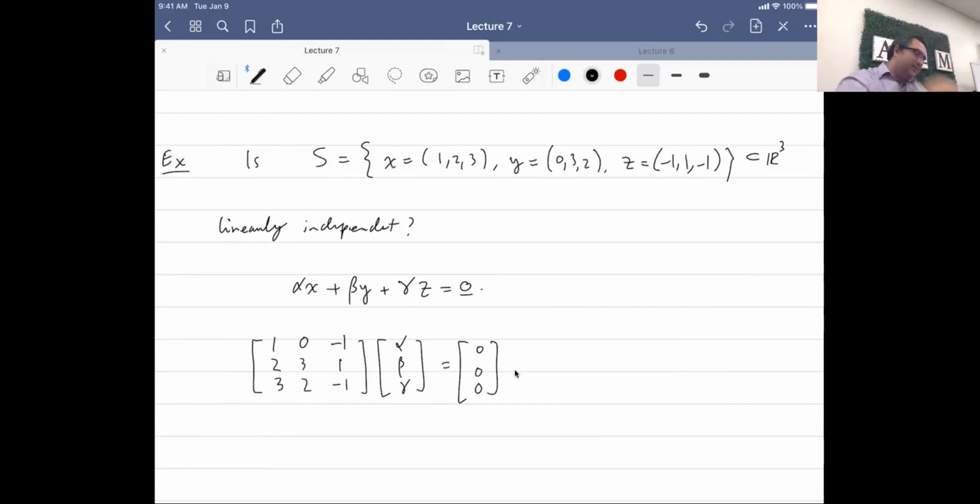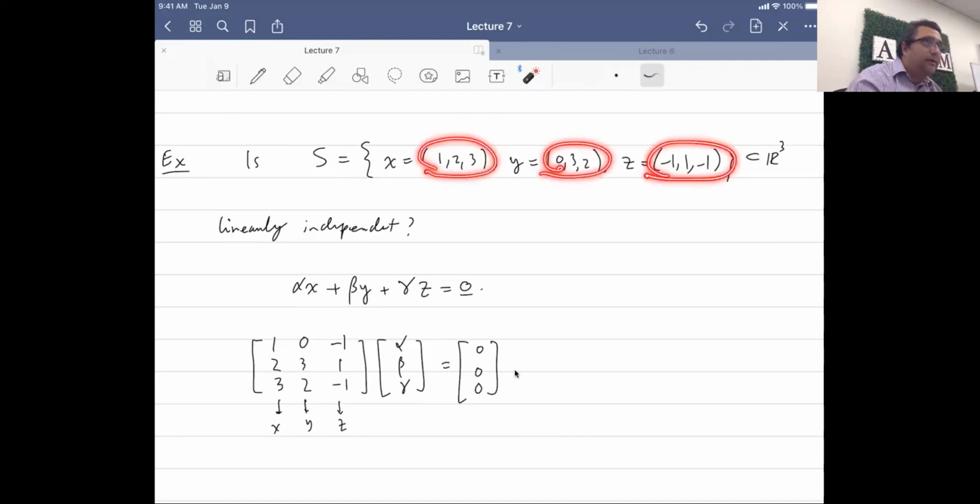This is the point of view you should always have in mind: whenever you have alpha times (1, 2, 3) plus beta and so on, you view it as column vectors. Another way of writing it is to put the coefficients alpha, beta, gamma as an unknown column vector multiplied by a square matrix whose columns are the X, Y, Z vectors. If you're in doubt, if I multiply this by alpha and this by beta and this by gamma and add, what do I get in the first spot? Alpha plus 0 beta plus -1 times gamma should be 0. This is exactly this row times this column, isn't it? You see 1, 0, -1. Only the first coefficients contribute to the first equation, which is 0.